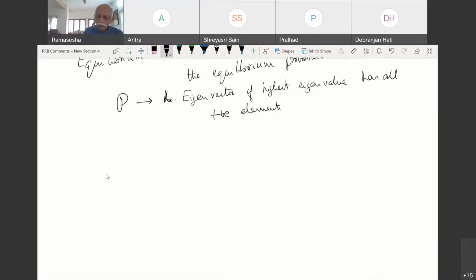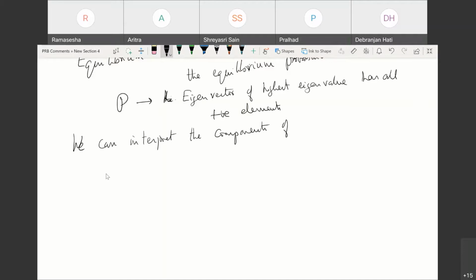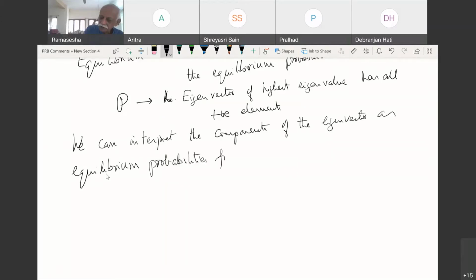So we can interpret the components of the eigenvector as equilibrium configuration.